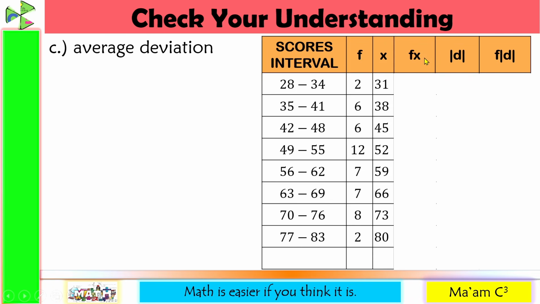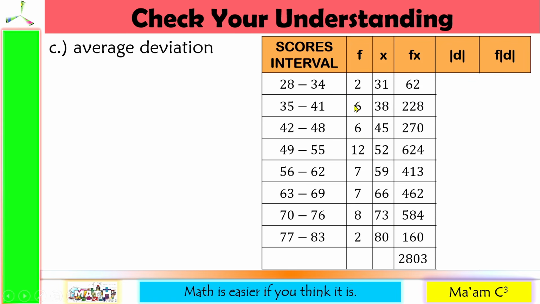Now for fx, simply multiply these two columns here. So 2 times 31 is 62. Do the same thing for the rest of the rows, and then you get the sum, 2,803. Now, to solve for this column, we need to identify first the mean.